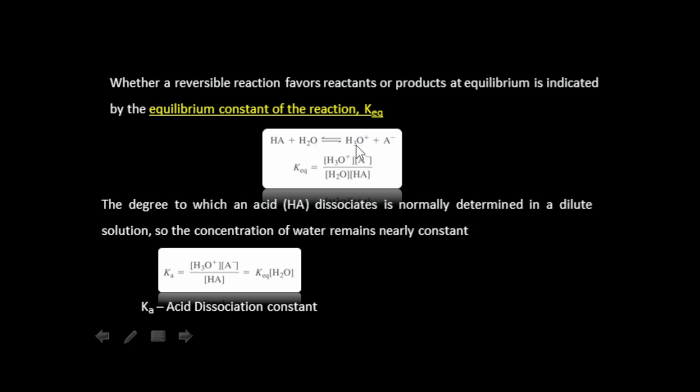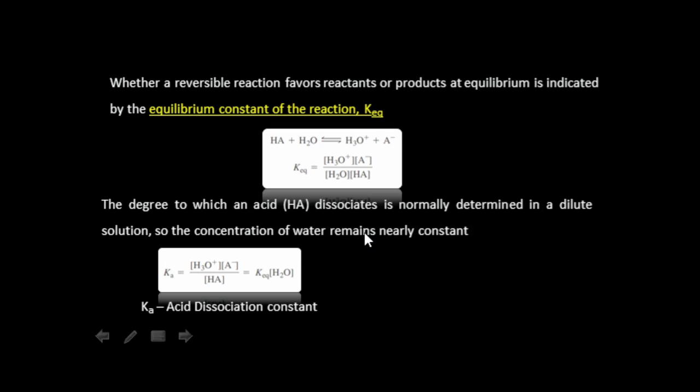Water accepts H plus and is converted to H3O plus, and the acid is converted to its conjugate base, A minus ion. Now how will you write K equilibrium? It is the product of the concentrations of the products divided by the product of the concentrations of the reactants: the concentration of H3O plus times A minus divided by HA times water.